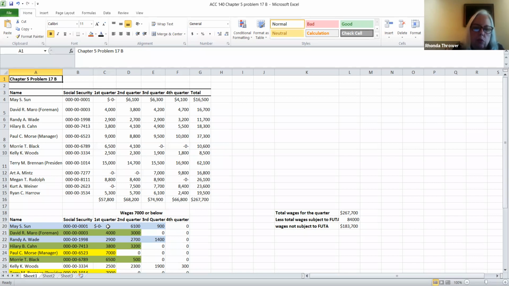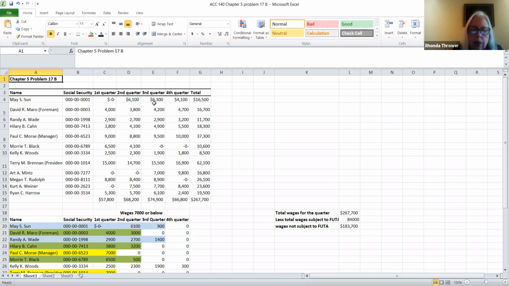So of course, we wouldn't owe anything for her. In the second quarter, she got paid $6,100, so all $6,100 would be taxable for FUTA purposes. The base is $7,000 for FUTA. The ceiling is $7,000. So if we paid her $6,100 in the second quarter, she can only be taxed on $900 of the next quarter.